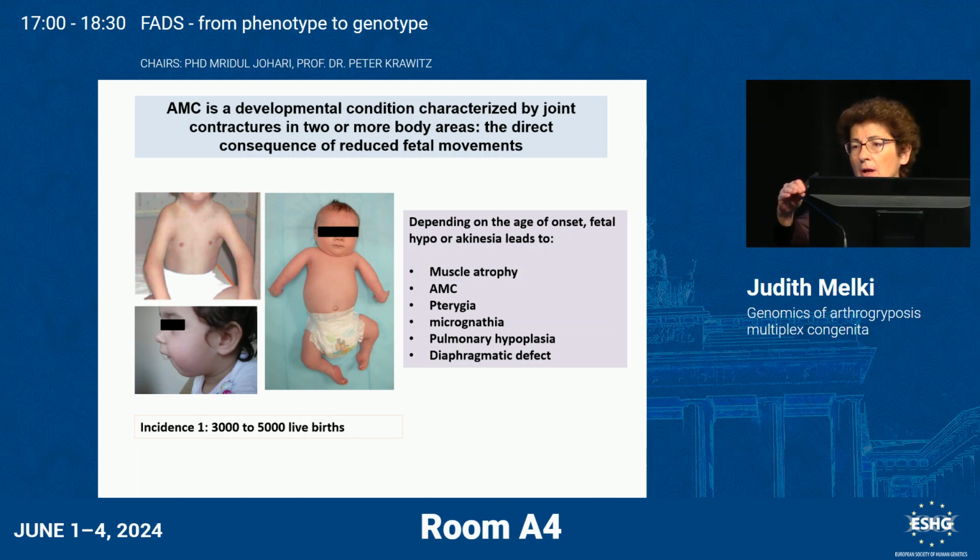This reduced fetal movement is responsible for muscle atrophy, pterygia, as you can see here, macrognathia, pulmonary hypoplasia, and diaphragmatic defect. So it's not specific, but rather a consequence of reduced fetal mobility. The incidence is estimated to be 1 in 3,000 to 5,000 live births.